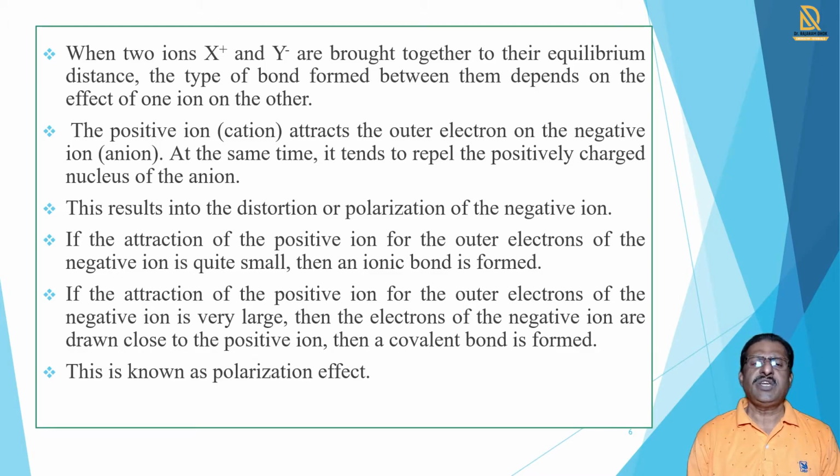So the positive ion, that is the cation, attracts the outer electron of the negative ion, and at the same time it repels the positively charged nucleus of the anion.